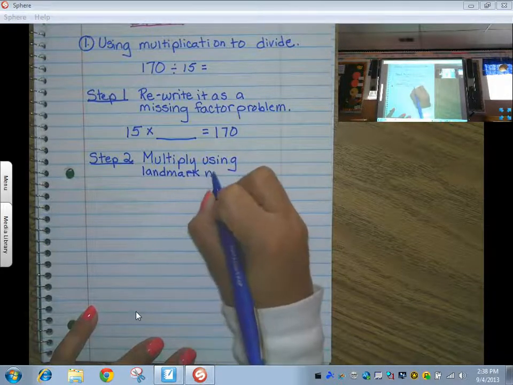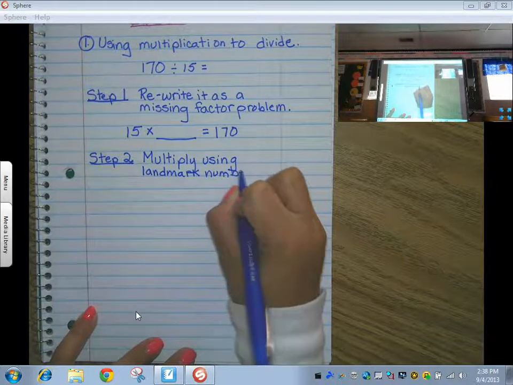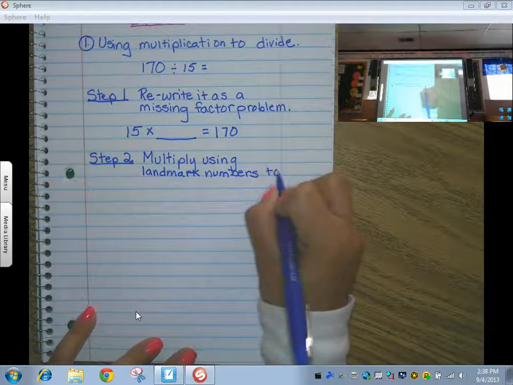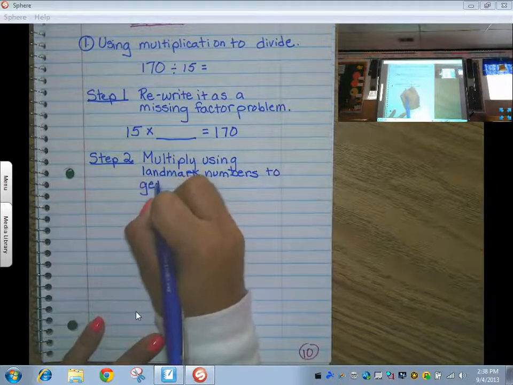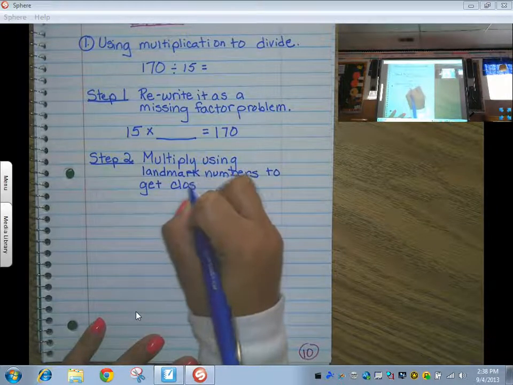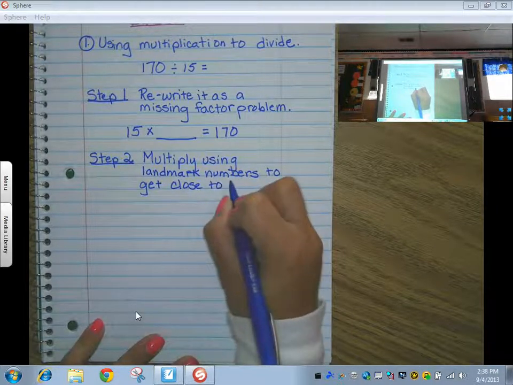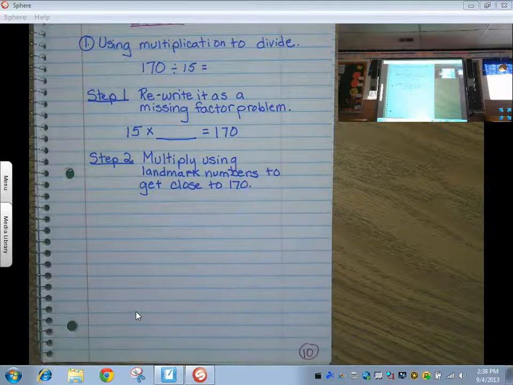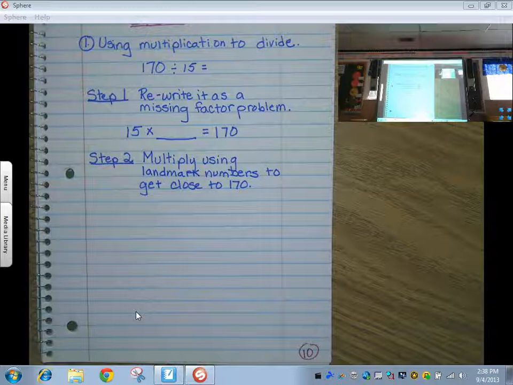What's a landmark number? Andrew? 10 is a landmark number. Ends in a 0 or maybe a 5. Okay, they're numbers that are easy to multiply by. Okay, almost everybody starts with 10 usually.